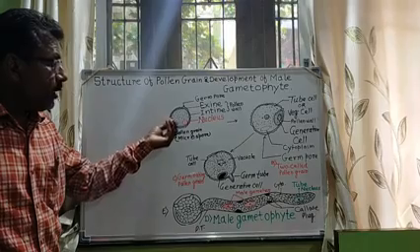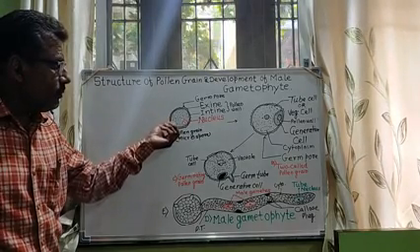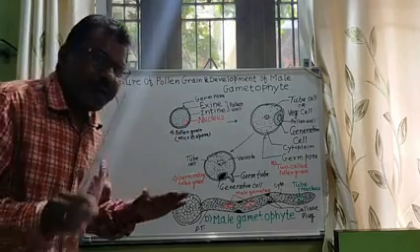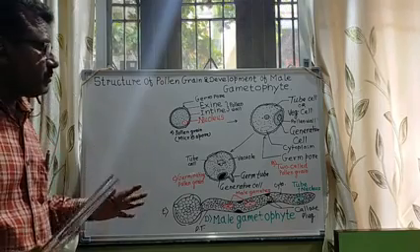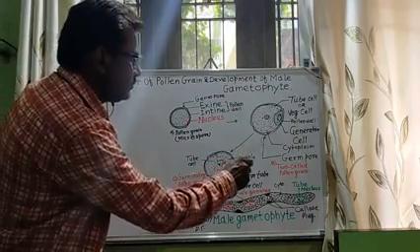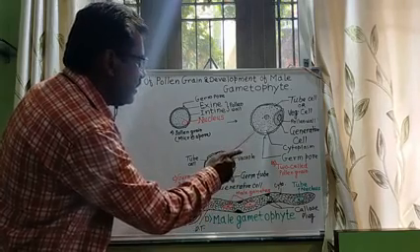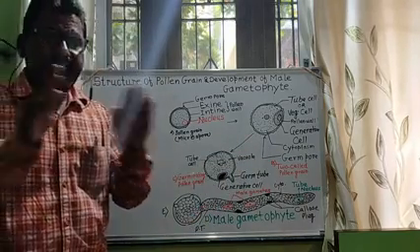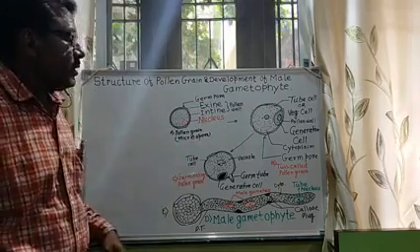When the pollen grain is placed on the stigmatic surface, it absorbs moisture and divides mitotically. Its nucleus is divided mitotically into two cells.